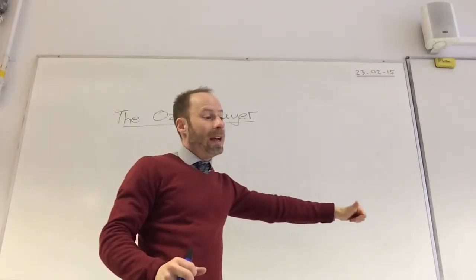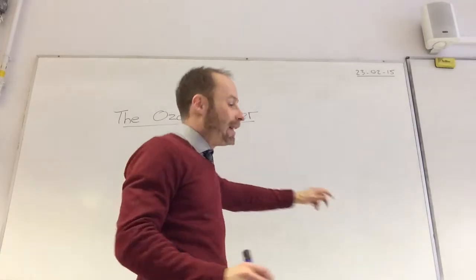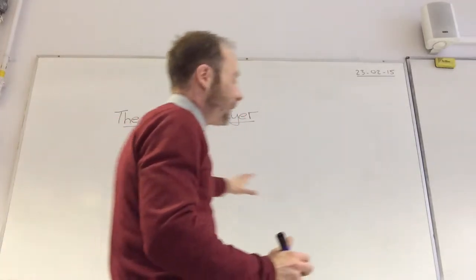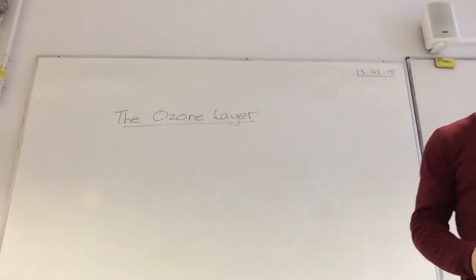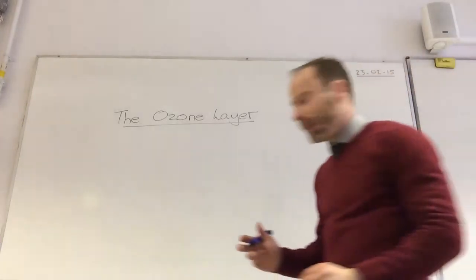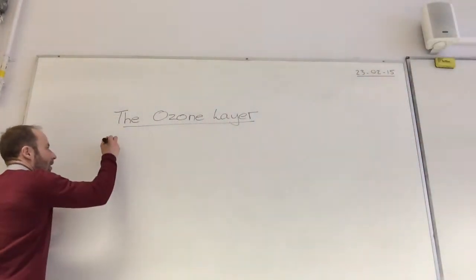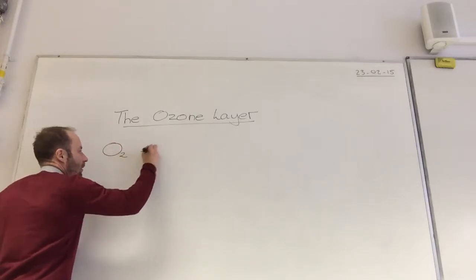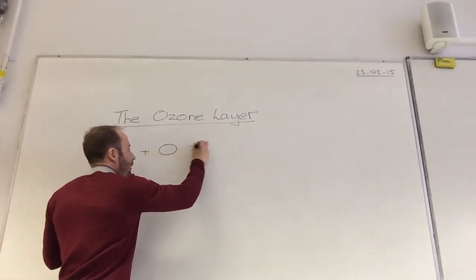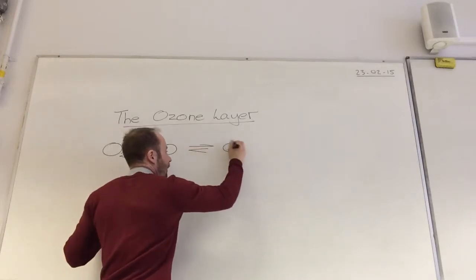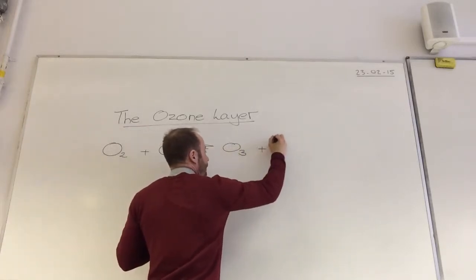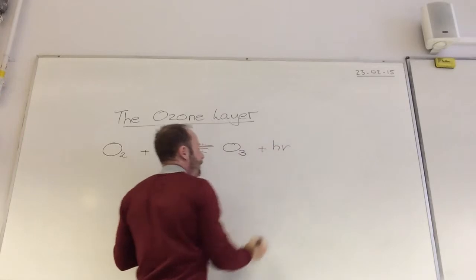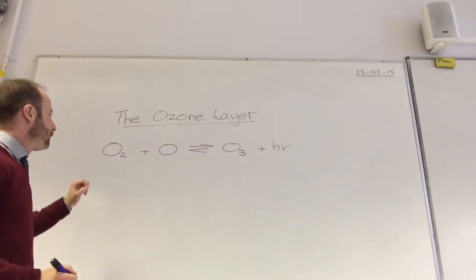So, what we'll do is, we'll write a little bit. So, the ozone layer, what we'll say, is how it works, is ozone is constantly being formed up in the atmosphere. Now, this is a little bit of a weird equation.